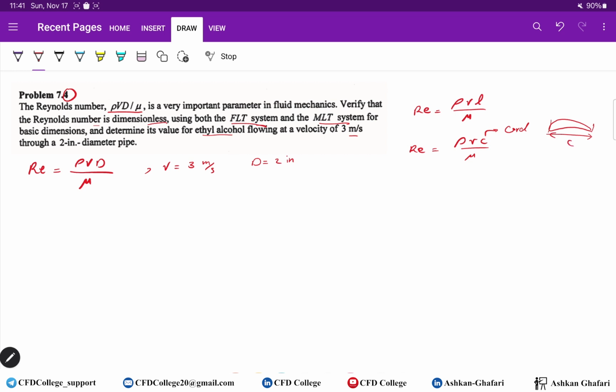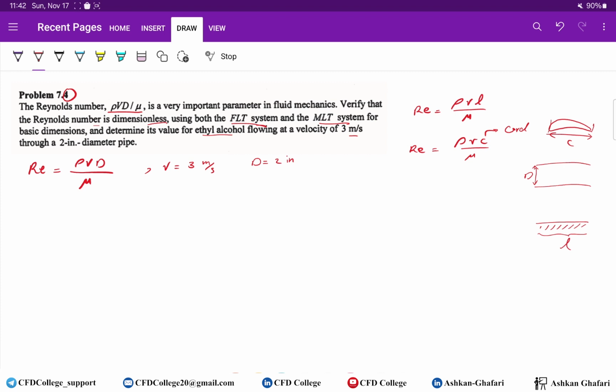So L, C, or D is actually the characteristic length of the problem, which depends on the problem you are studying. For example, on an airfoil, the characteristic length is the chord length. For flow inside pipes, it's the diameter. For flow over a flat plate, it's the length of the plate. So it varies regarding the problem.